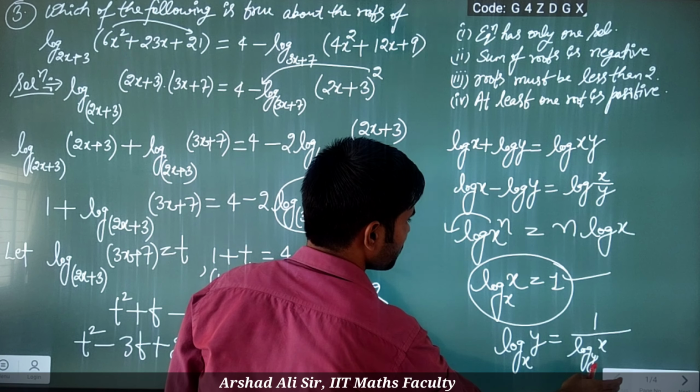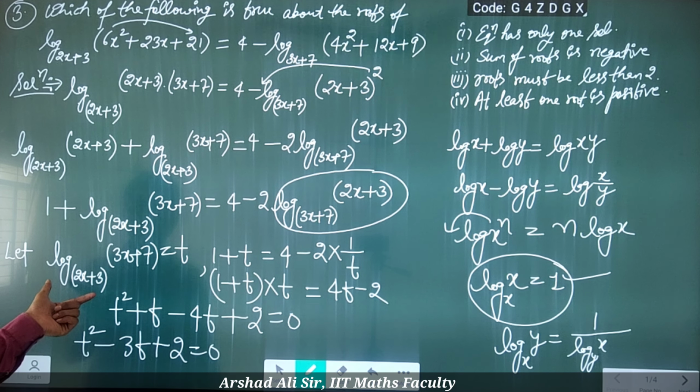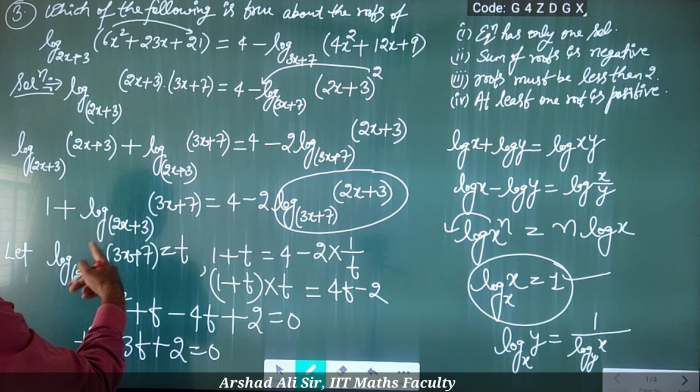We can check. So here the equation we have is t square minus 3t plus 2. What is the value of t? Logarithm base 2x plus 3 of the number 3x plus 7.